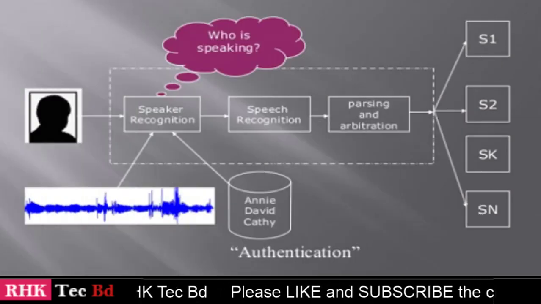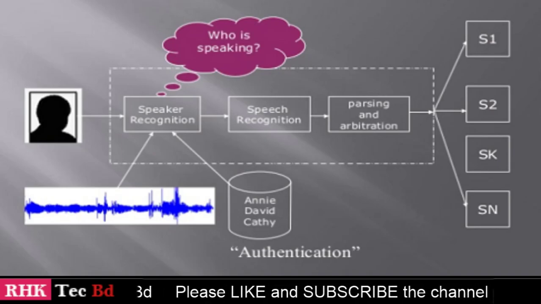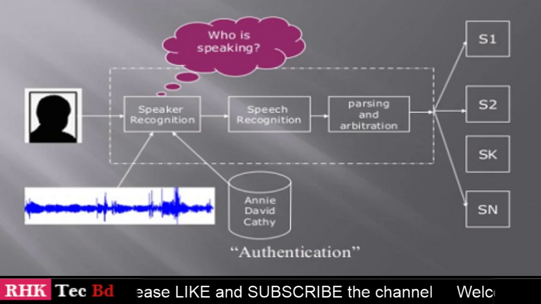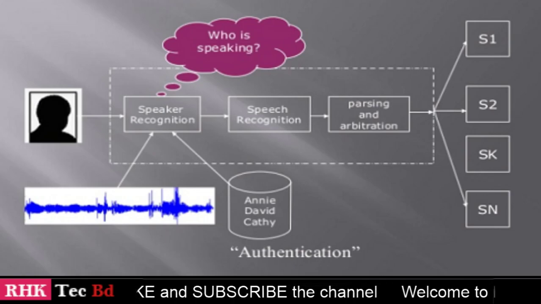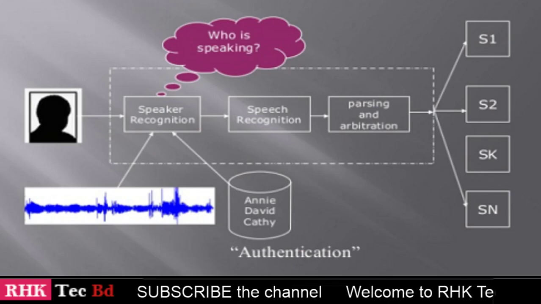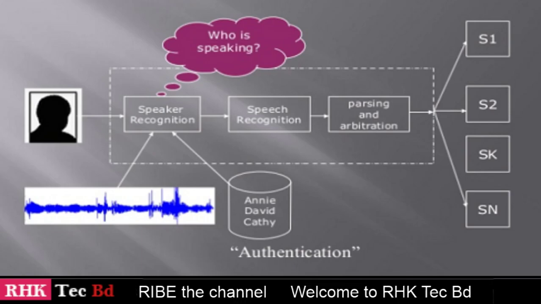So speaker recognition: who is speaking? This model is based on the speaker dependent model, which is more complex than the speaker independent model. So the computer will try to analyze, is it Annie, David, Kathy? That way it is authenticating the speaker.